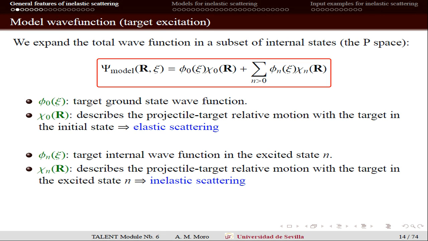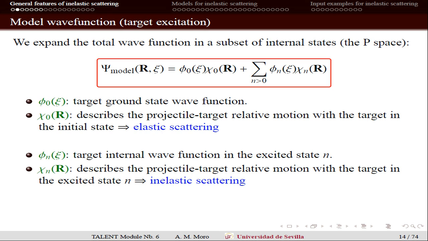Okay, so now the next step. The idea of the coupled channels, so far there is nothing related to coupled channels, we just specified the Hamiltonian. So the idea of the coupled channels is to make an expansion of the total wave function of the system, which will depend on both the relative coordinates and also the internal coordinates, in a set of states of the target in our case.